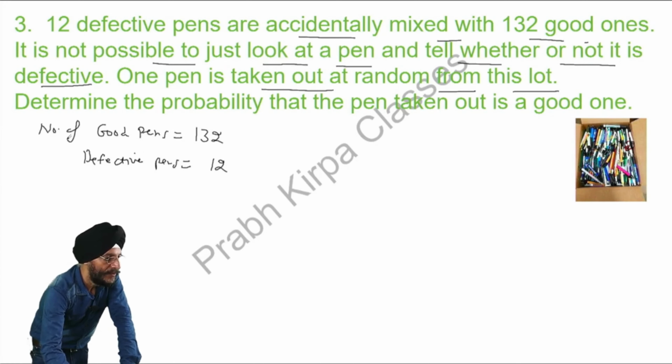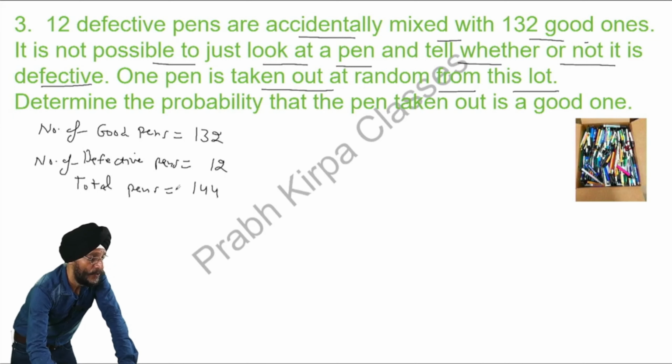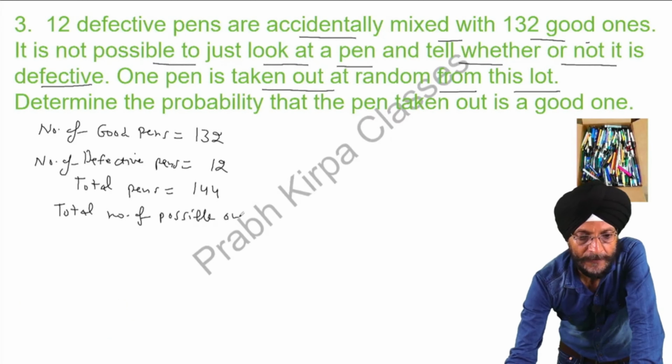Number of good pens, number of defective pens. So how many total pens are there? The total pens are 144, or we can also write it as total number of possible outcomes.